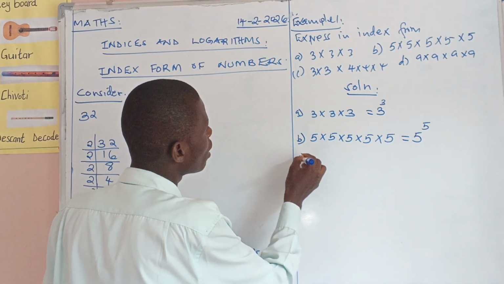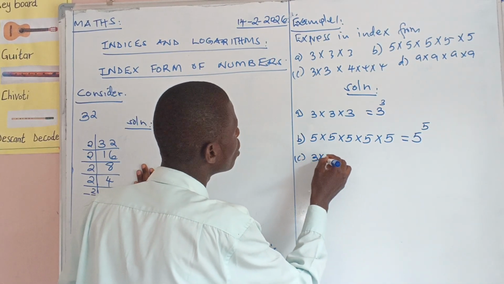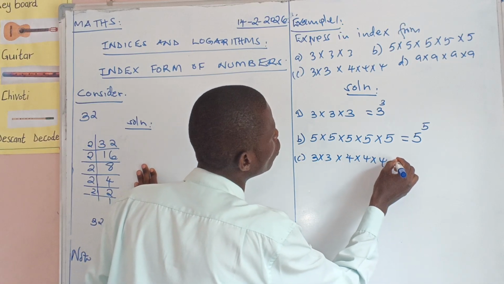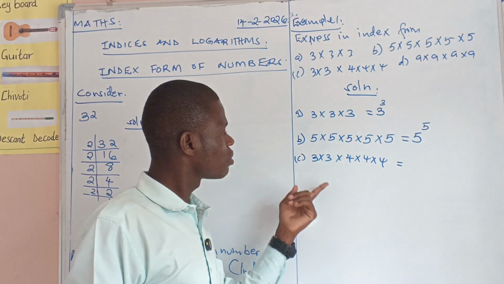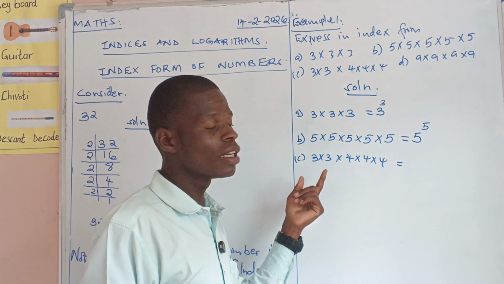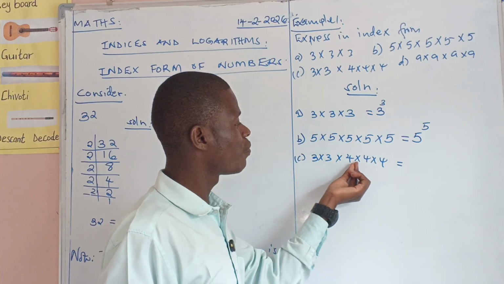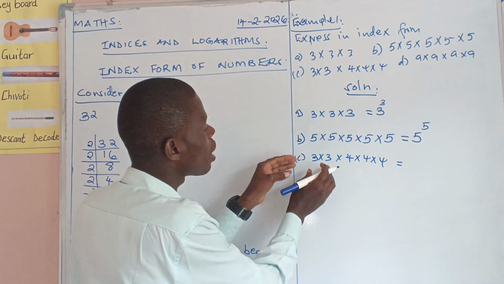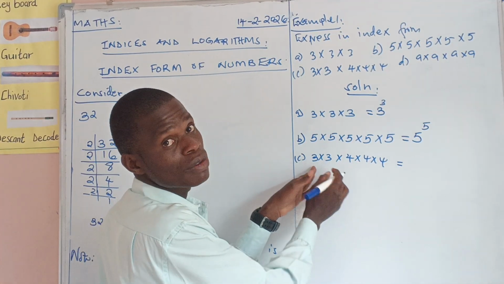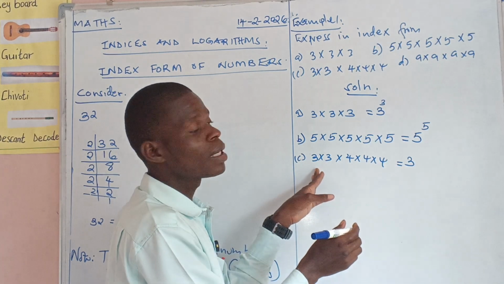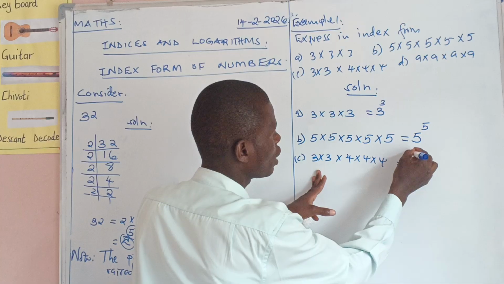Then come to C here. We have 3 times 3 times 4 times 4 times 4. So what do you have here? We have two different factors here. So we have 3, 3, then 4, 4. We are multiplying 3 by itself how many times? 2 times. I write 3, and the number of times I'm multiplying it, that is 2, I write on top here.